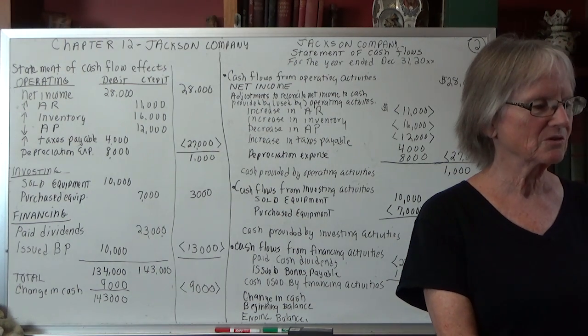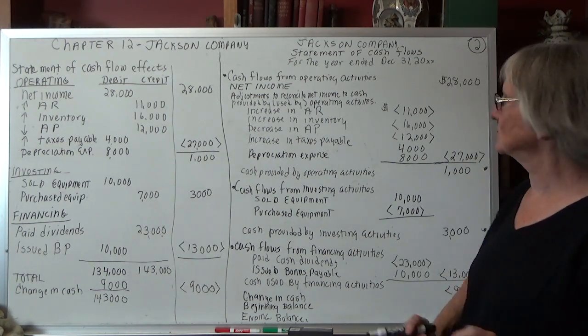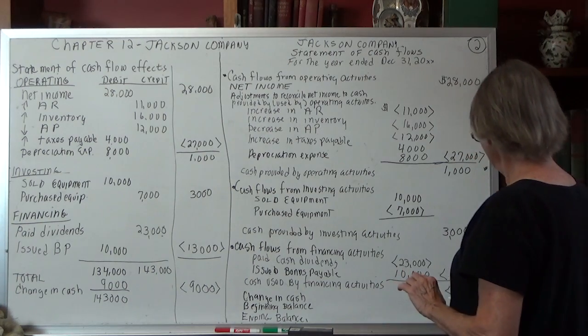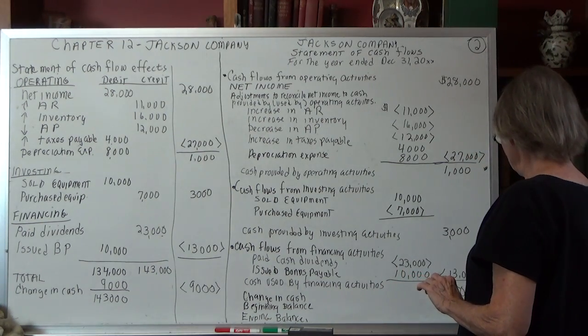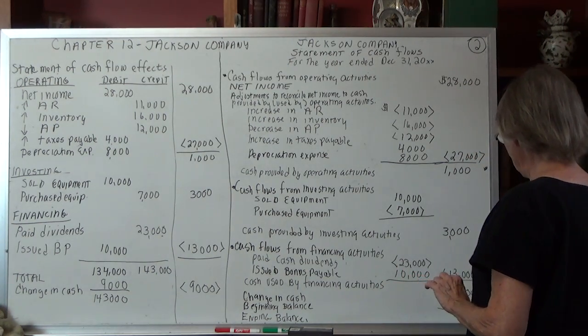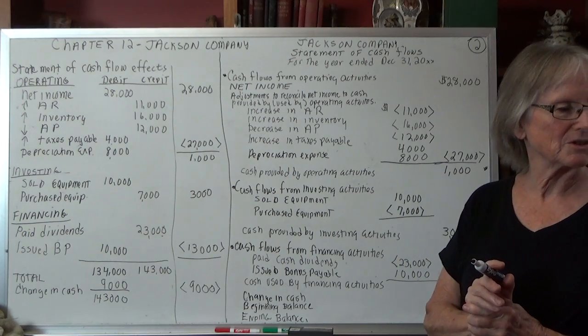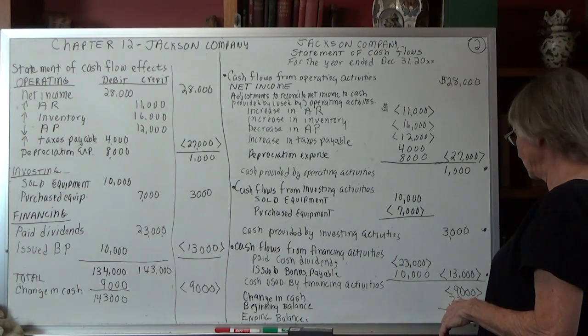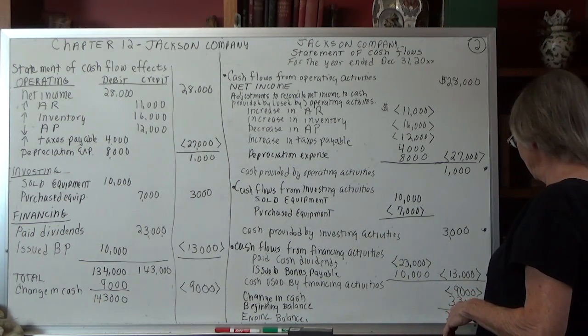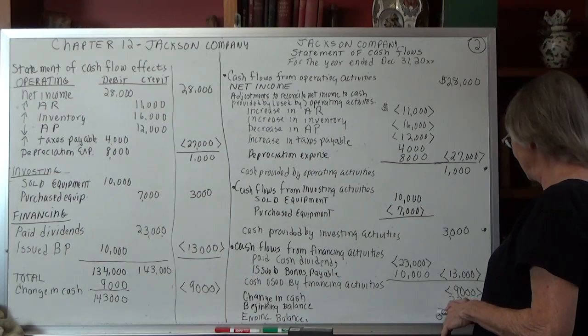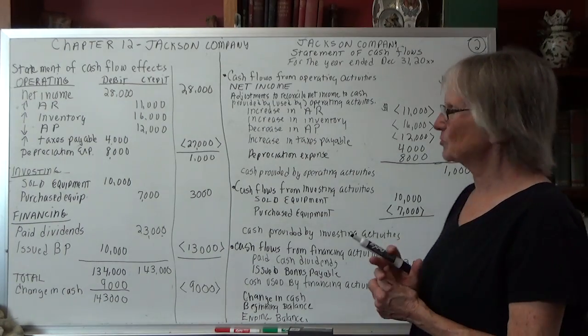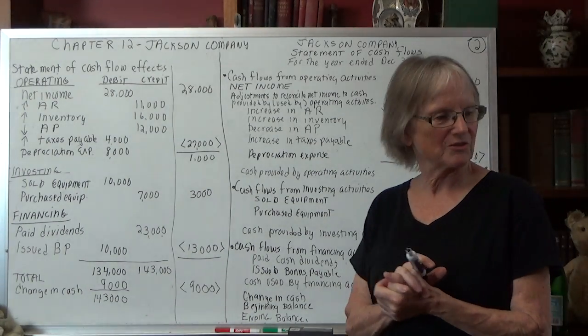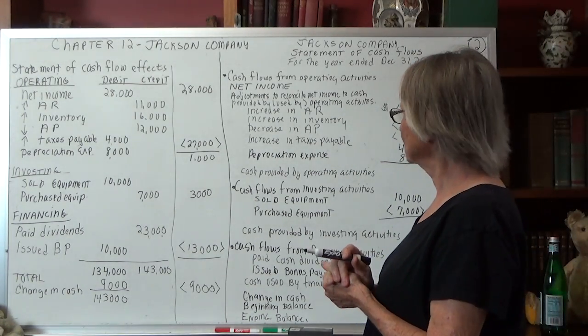Okay, so it was 33,000. And so when we add them together, that should give us the ending balance in cash of 24,000. Okay, and in this problem, there's no non-cash investing and financing activities, so we're all done.